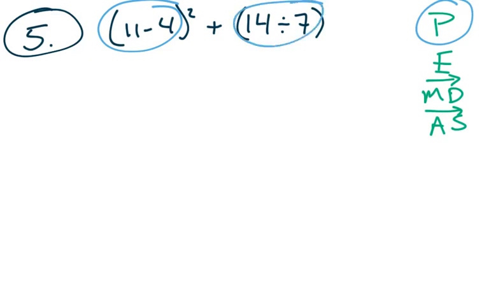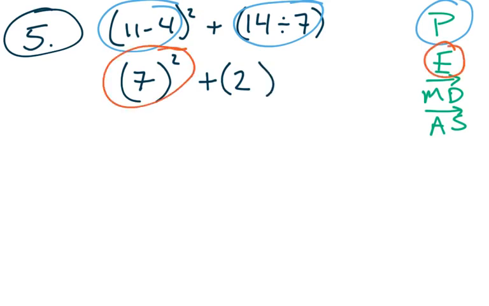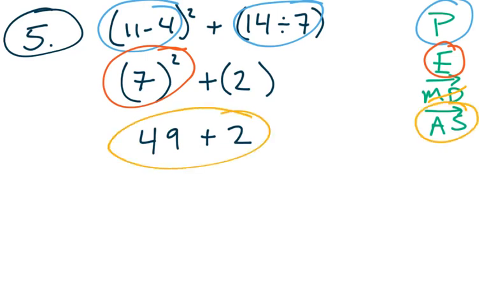So we're going to get 11 minus 4 is 7 squared plus 2. Now we're going to do exponents. So we're going to get 49 plus 2. There is no multiplication and division. So now we're going to do addition and subtraction. We're going to get equals 51.